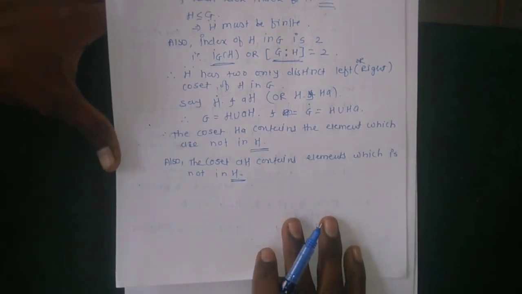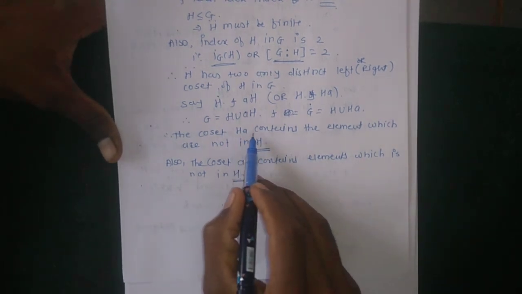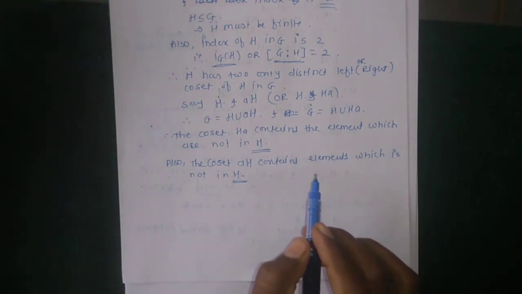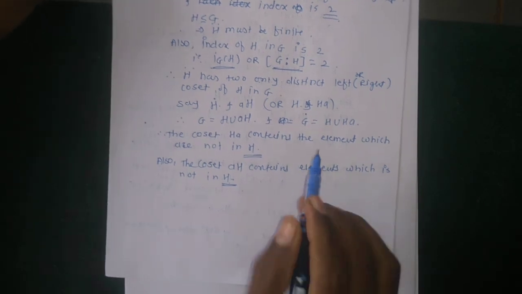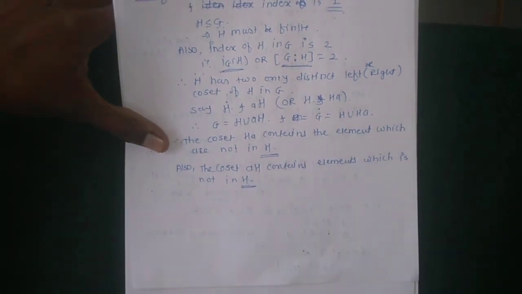Okay, here the right coset Ha or left coset aH and H, these must be different, which implies no elements in common.